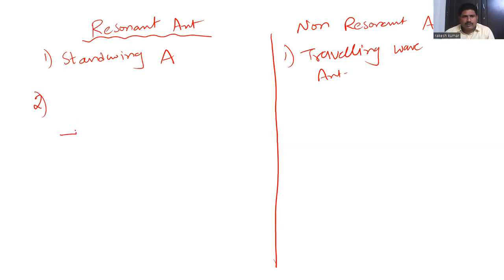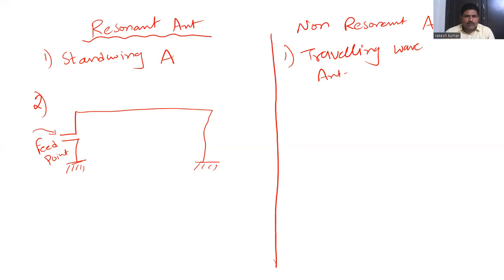So for example, let us consider this is my feed point. Feed point means here I am providing input.